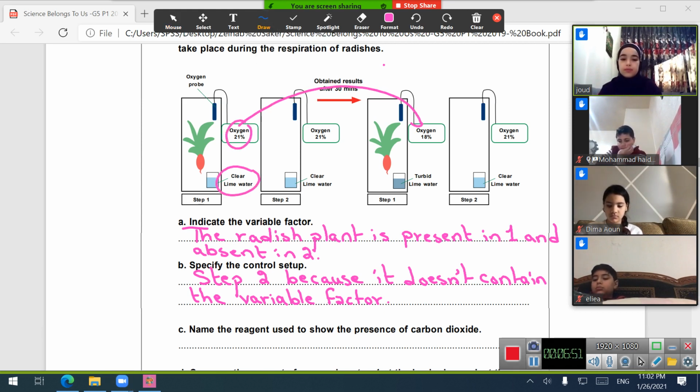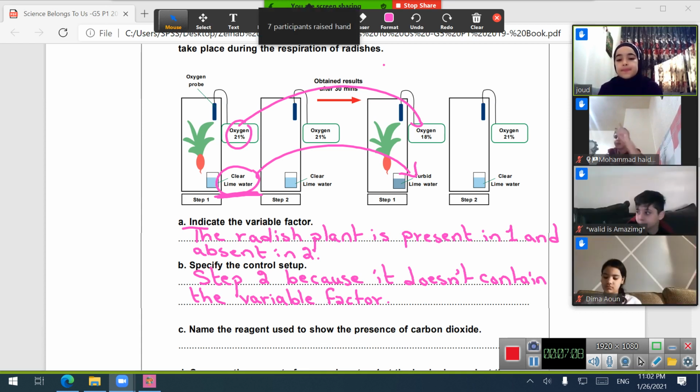Excellent. How was the water at the beginning? Lime water. How does it become? Turbid lime water. So, from this clarification, we can say that green plants release carbon dioxide. Thank you a lot, Jude.